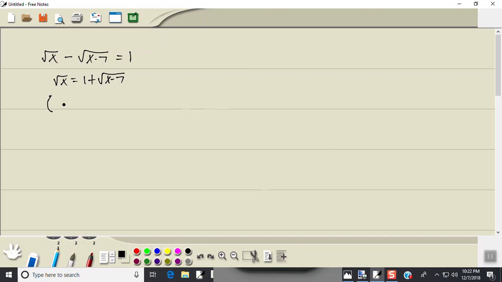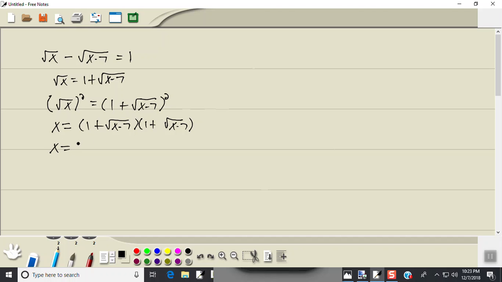Raise both sides to a power equal to the index, so I'll square both sides. Now, square root and the second power cancel each other, so that gives me x. And over here, I'll rewrite this as 1 plus the square root of x minus 7 times 1 plus the square root of x minus 7. And I'm going to FOIL that.